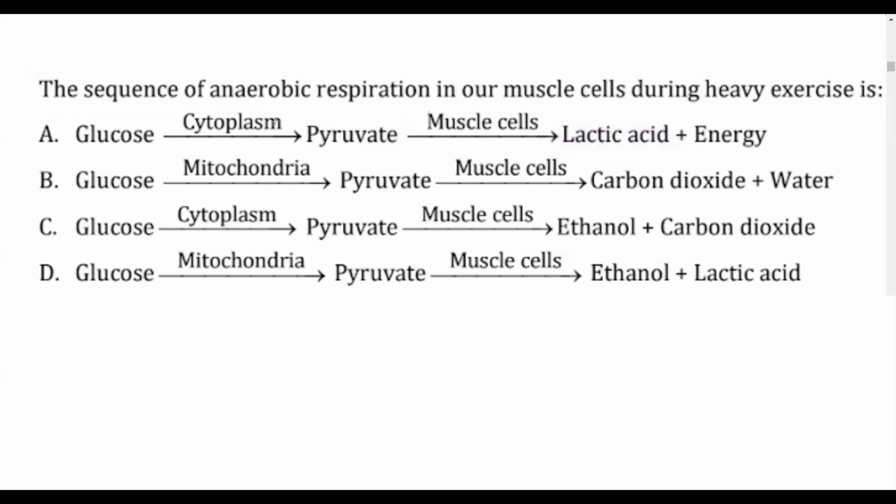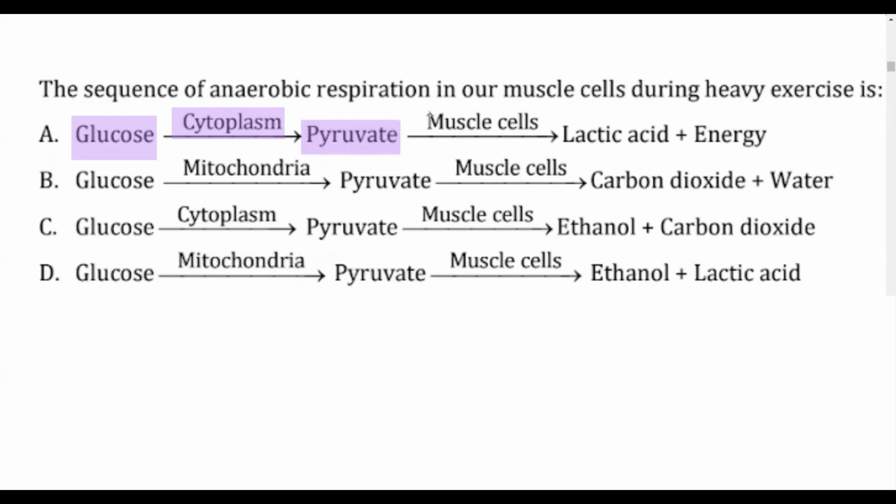Now, irrespective of the path, whether it takes place in muscle cells or in yeast, in all cases it has to undergo glycolysis, where glucose in the cytoplasm turns into pyruvate. A 6-carbon compound turns into a 3-carbon compound, pyruvate or pyruvic acid.